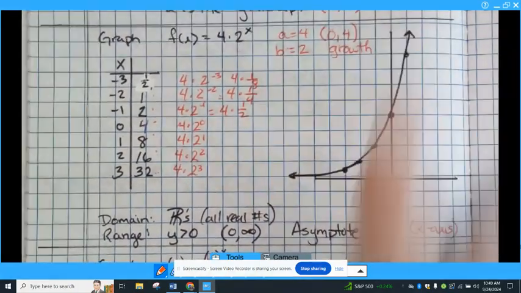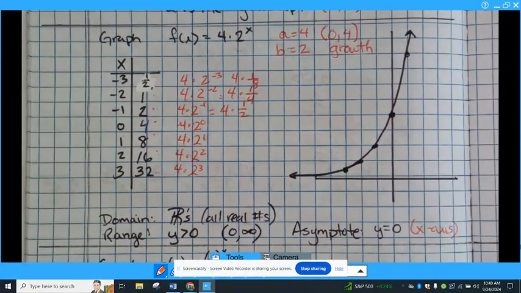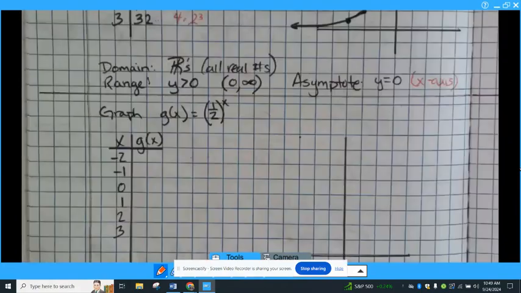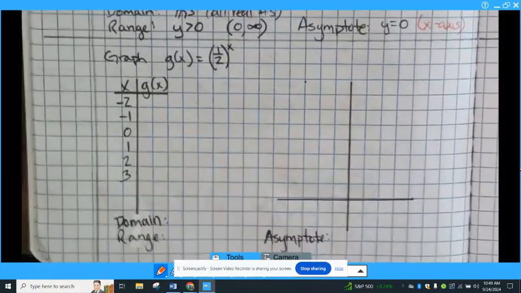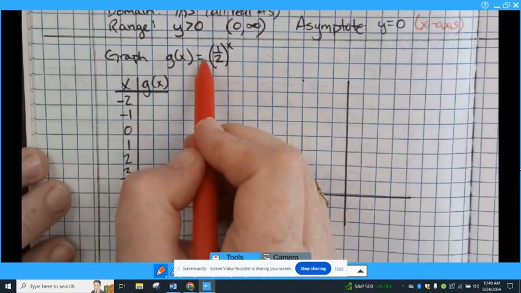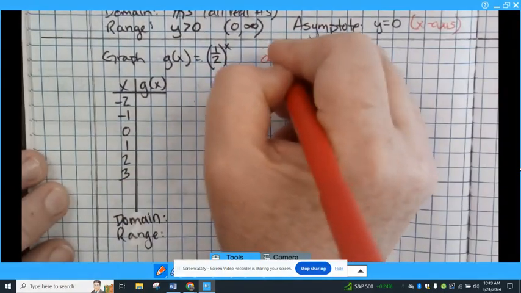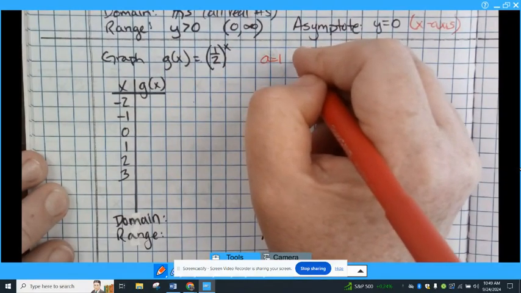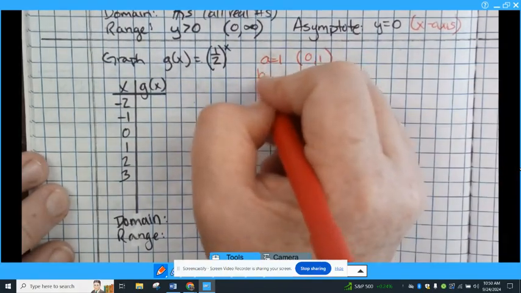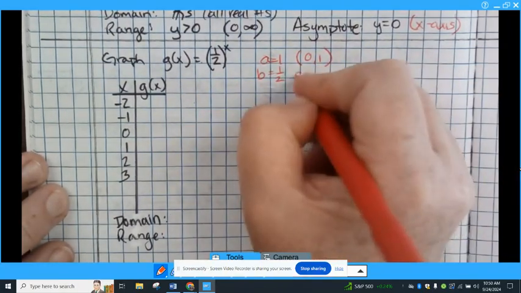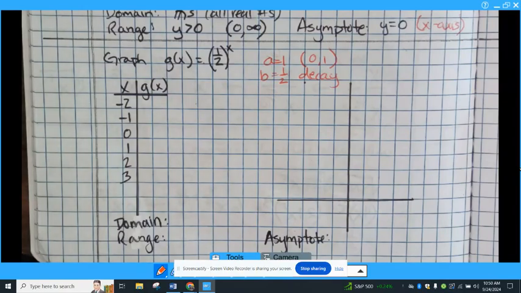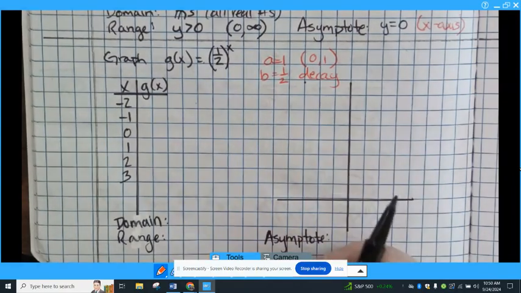Okay, the next problem we're going to do is g of x is equal to 1/2 to the x. Our a value here is an invisible 1 in front, so our a value is 1, which means our y-intercept will be 0, 1. Our b value is 1/2, which means this is going to be a decay, because our b is less than 1.